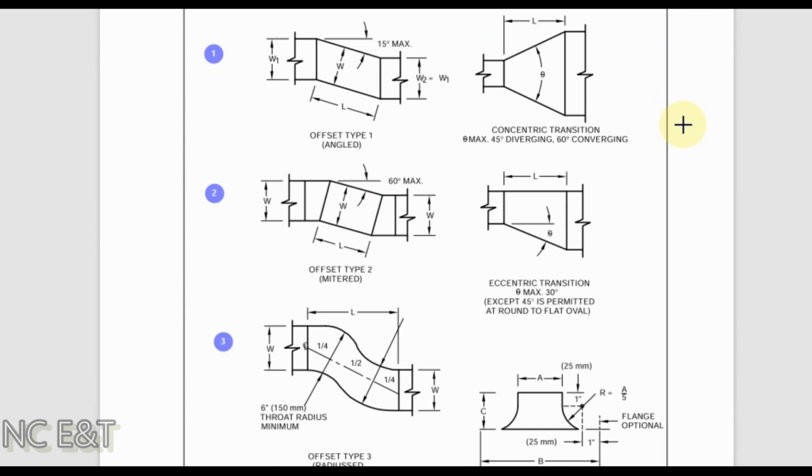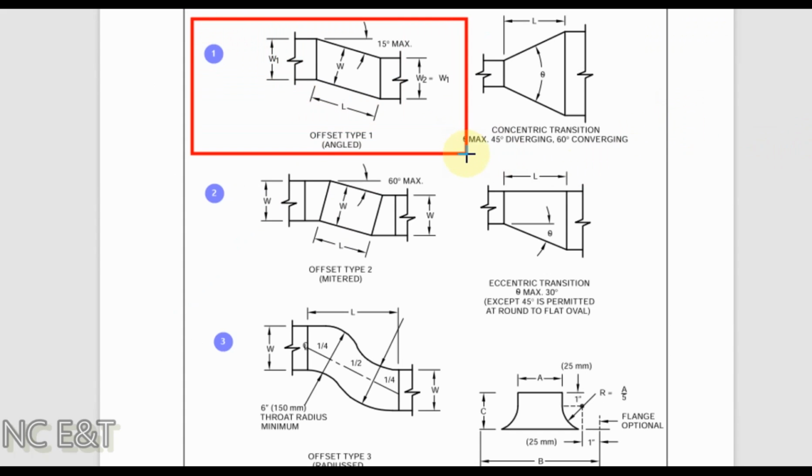Offset fitting we can fabricate in 3 types. Number 1, you can have two straight ducts and join them by an offset.